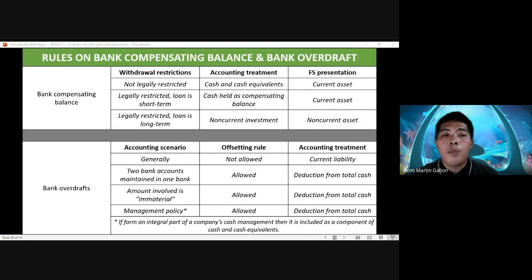Meaning, part siya ng computation ng balance ng cash and cash equivalents if such arising of the overdraft is part of the normal day-to-day transactions of an entity. Okay? Kasi nga everyday may transaction sa entity. So, siguro, normal na lang na magkaroon ng overdraft. So, allowed kapag part of management policy.